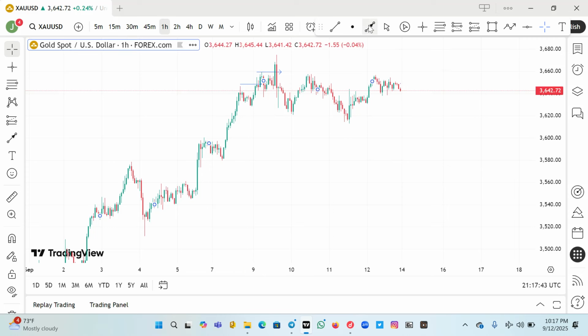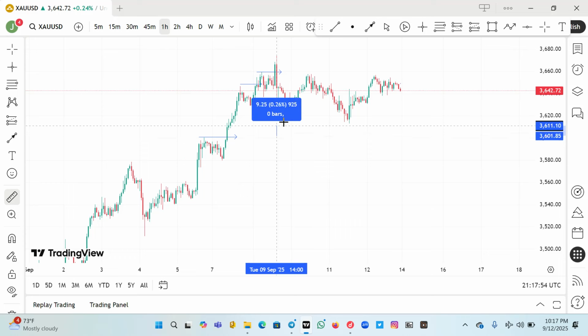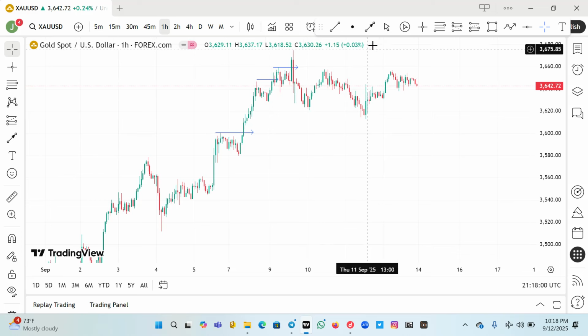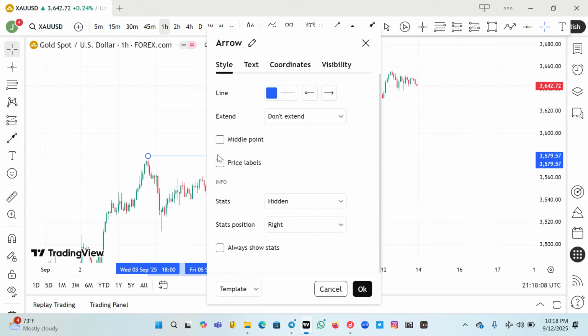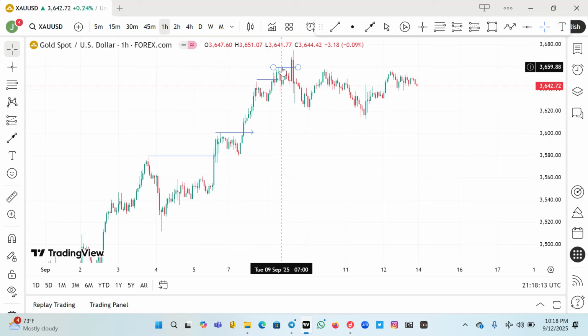Then we also have another break of structure here again. Then we also have another structure here again. This is another beautiful structure again. Now these are my breaks of structure for an uptrend.